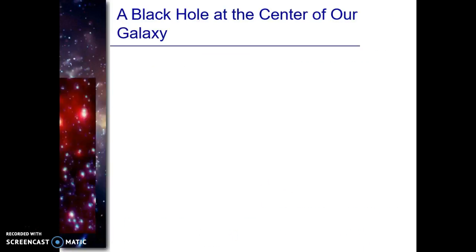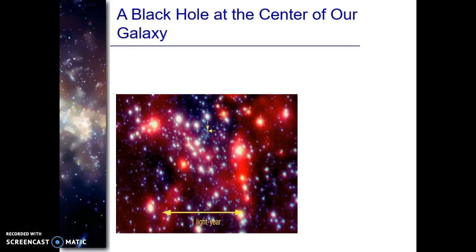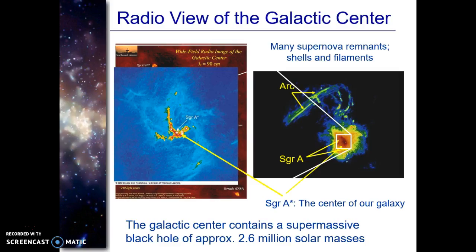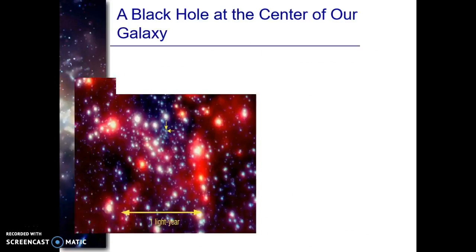They think that the very center has this black hole, marked by that radio source, Sagittarius A*, and the core, they say, must be less than a few astronomical units in diameter.